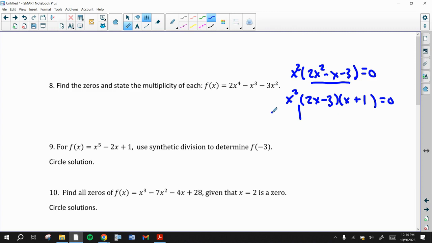So x equals 0 would be a 0, but this has a multiplicity of 2 because of that square. And then x equals 3 halves would have a multiplicity of 1, and x equals -1 has a multiplicity also of 1. Add up the multiplicities, 1 plus 1 plus 2. It's not surprising that they add up to 4.